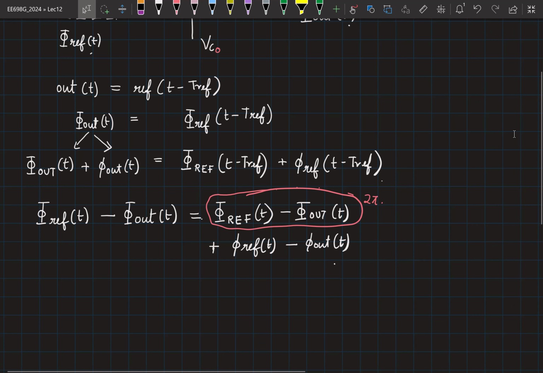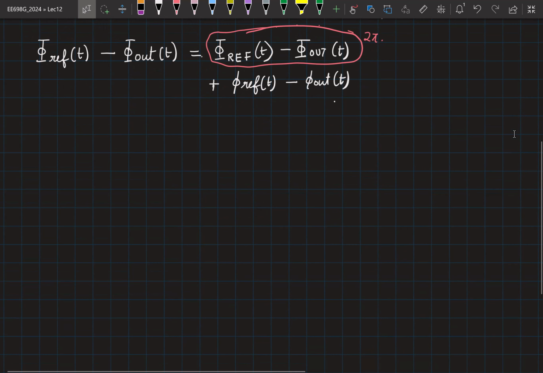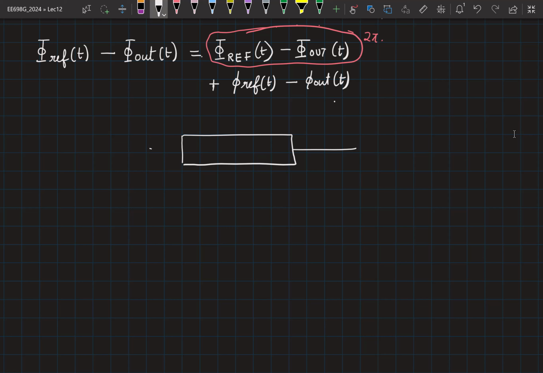So now let's start looking at the other path. We now want to model what happens to the output. So this is ref, output of t. Now we are going to assume that we have some VC, which is a function of time.